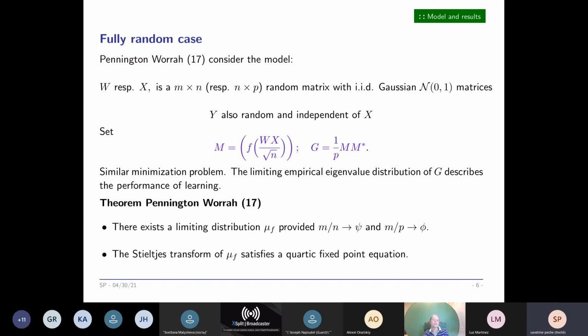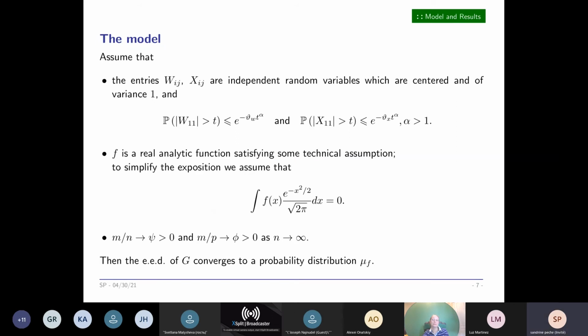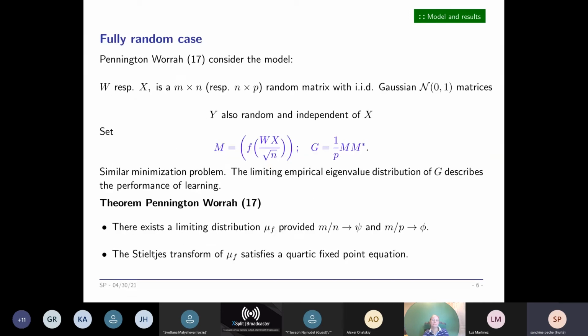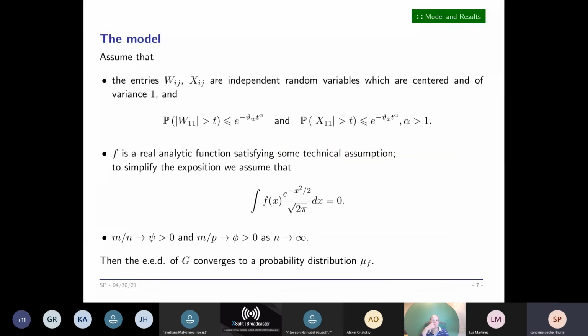And they give actually a quartic fixed point equation for the Stieltjes transform of this distribution mu f. The way they prove it is they simply use a saddle point argument in the computation of the moments of the matrix G.